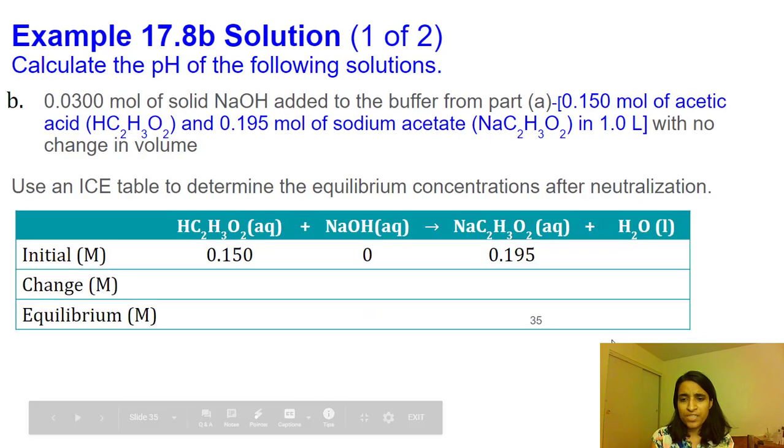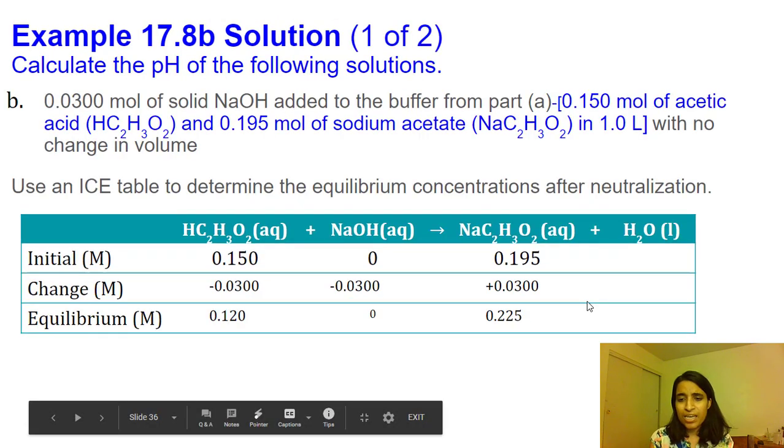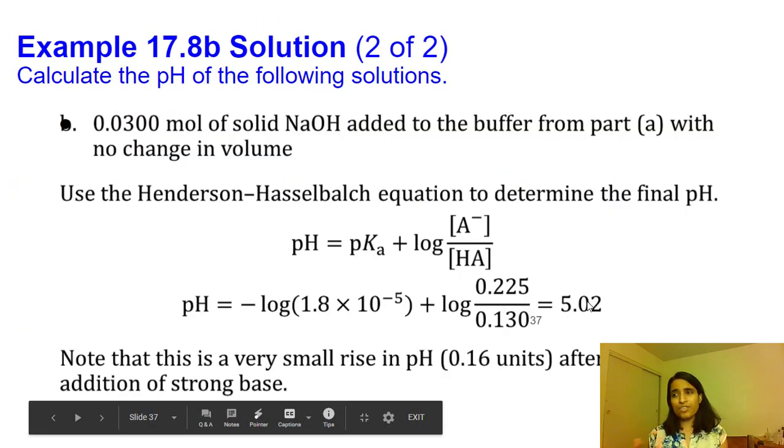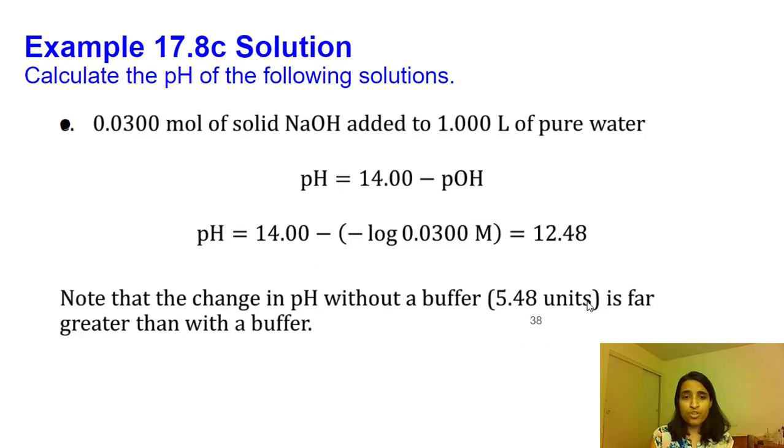Now, previously, before sodium hydroxide was added, it was 4.86, and after sodium hydroxide is added, it's 5.02. So it's not too big of a difference. Our third option was when sodium hydroxide was added to pure water. So we have 0.03 moles of sodium hydroxide divided by 1 liter, so the molarity is the same, and we can find the pOH and then subtract it from 14.